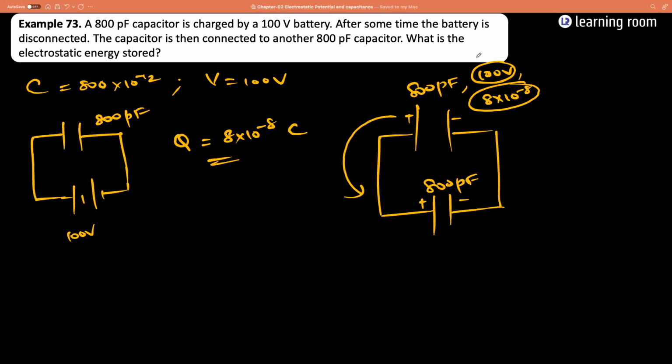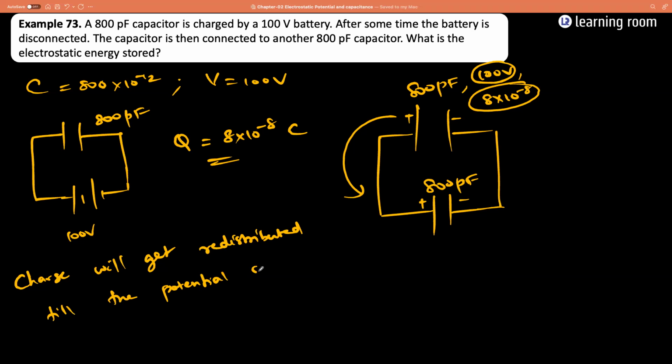Initially, the potential present on the first capacitor is 100 volt. I want everybody to make a note of it: charge will get redistributed till the potential on each capacitor is the same.